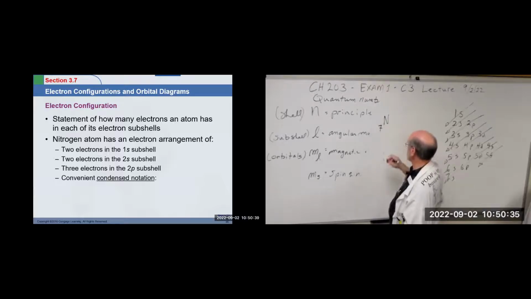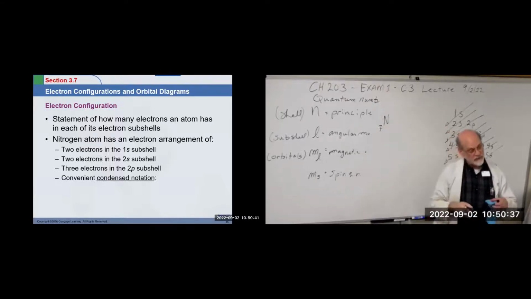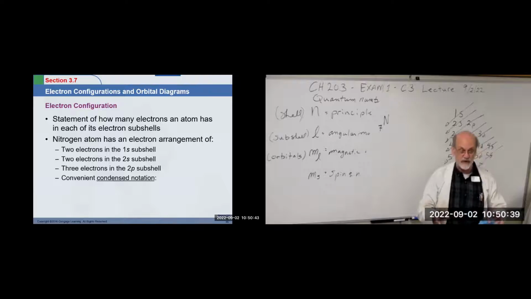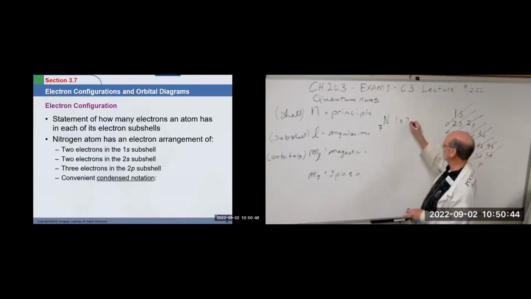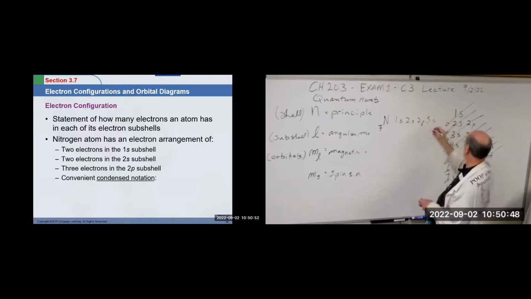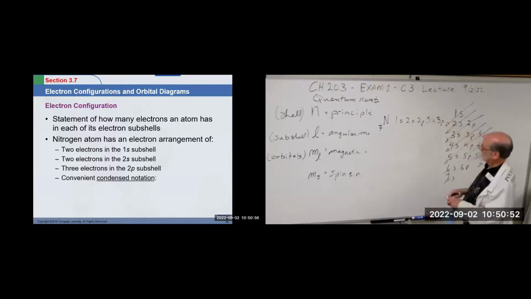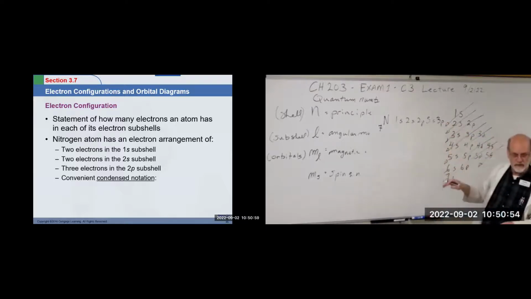Nitrogen has 7 protons, which means for the neutral atom, we got to put in 7 electrons. Right? So we do them in order. 1s, 2s, 2p, and 3s, and 3p. We may not need all those, but they're there in case we do.